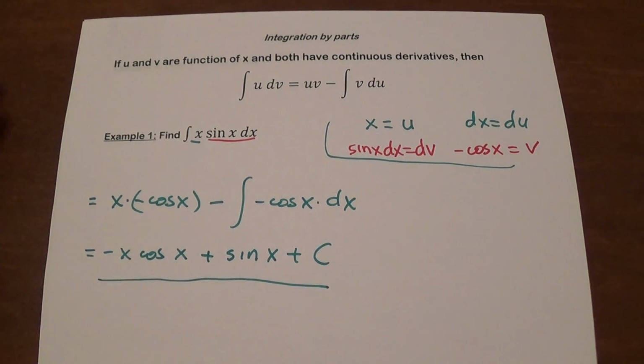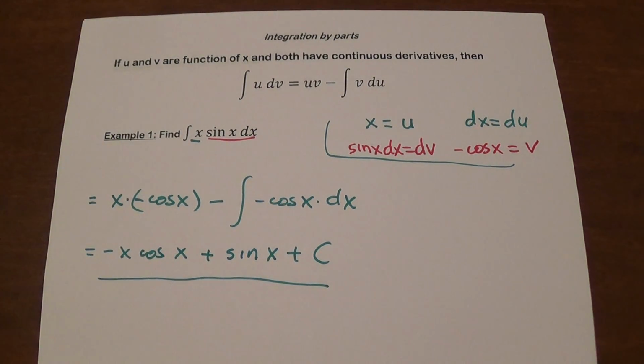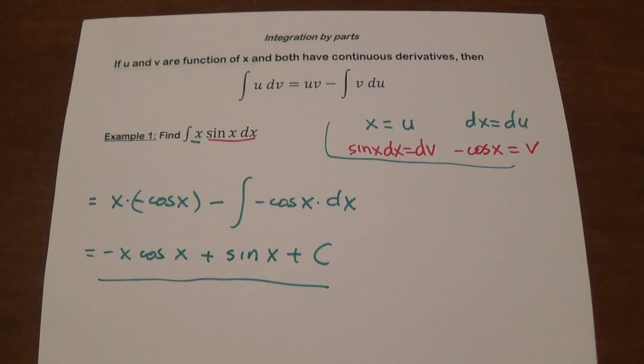This problem is completed. A common question that students ask: how do you know which one is going to be u, which one is going to be dv? In this case it's a little bit easier because sine x, if you leave it by itself, is going to be easier to integrate, and when you differentiate x, you are going to get 1.